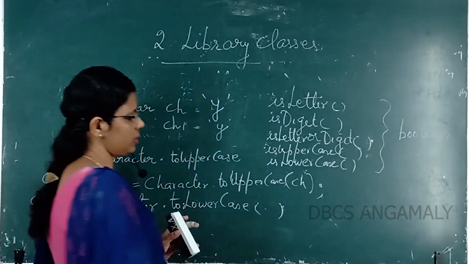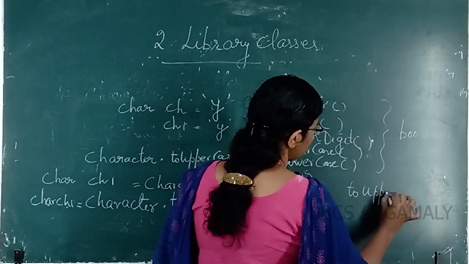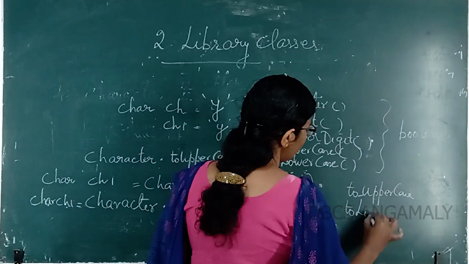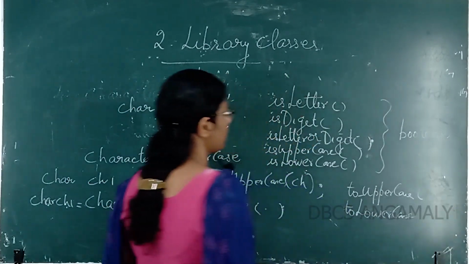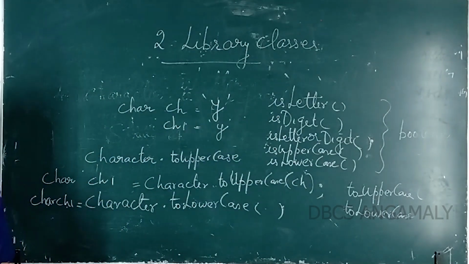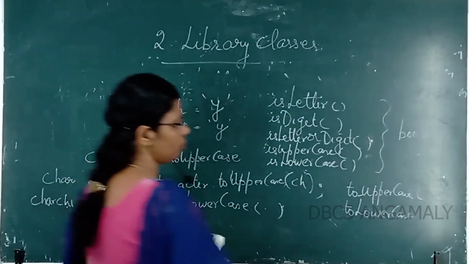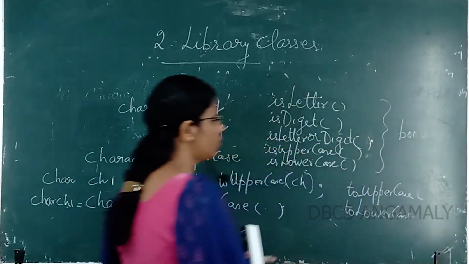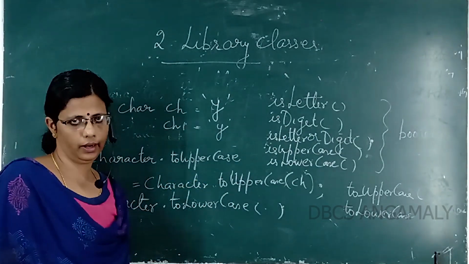The next two functions were conversion. One was toUpperCase and the other one was toLowerCase. So if it was in uppercase, it converted into lowercase. If it was in lowercase, it got converted into uppercase. And for these two, the data types will be of char, because it is going to convert it and again store it into that same particular data type.